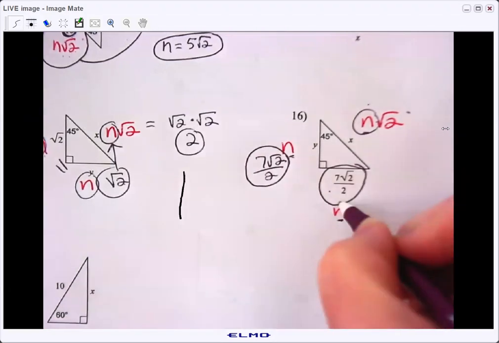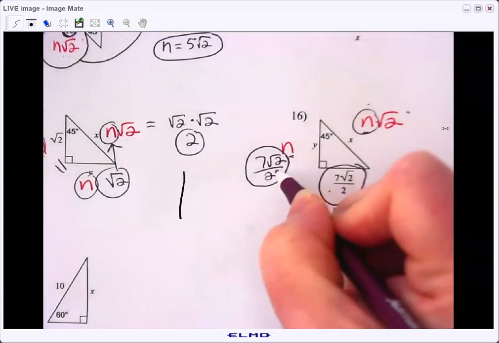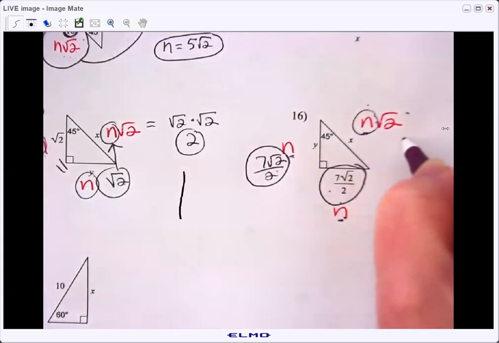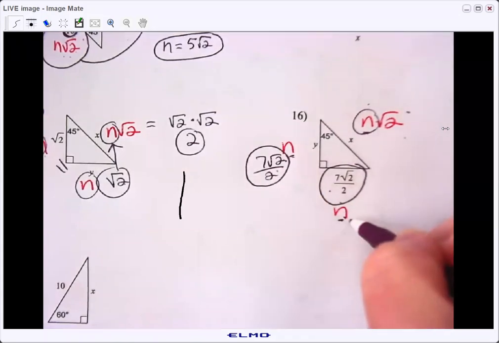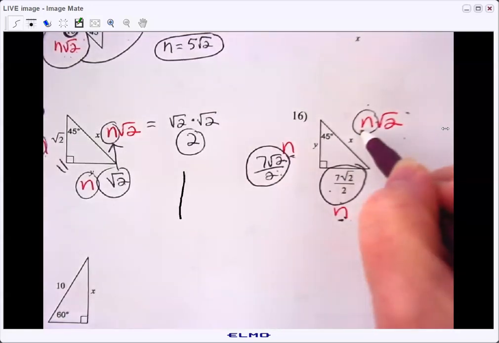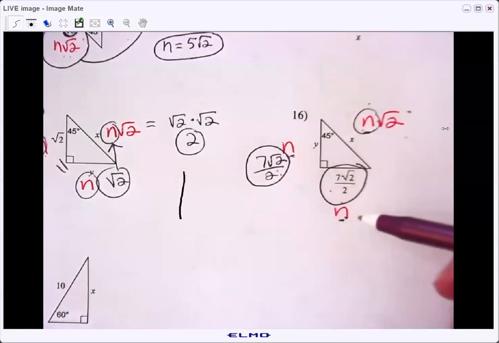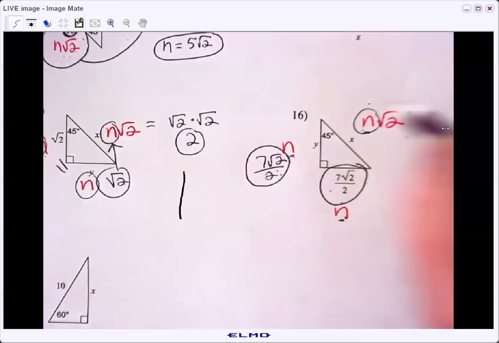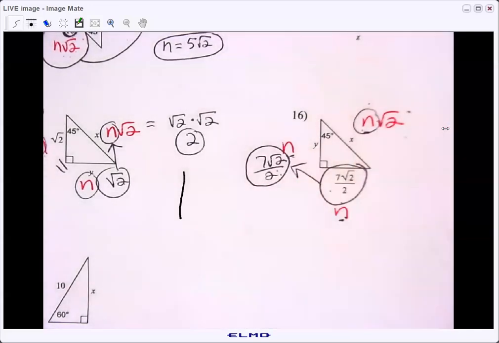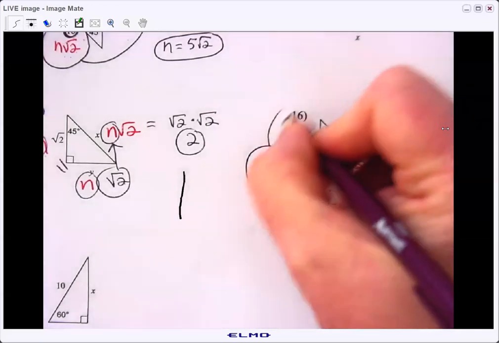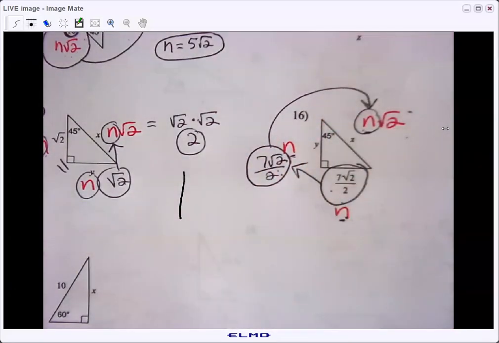If this were a giraffe, this would be a giraffe, and this would be a giraffe root 2. If this were a banana, it'd be a banana, and a banana root 2. Whatever it is, whether it's a nice integer or an ugly radical fraction, it's going to do the same thing. So you're going to write this over there, and then you're going to substitute that, whatever it is, right there for n.